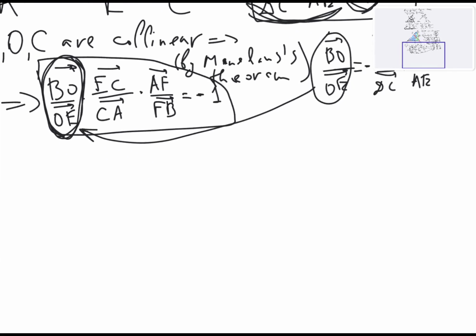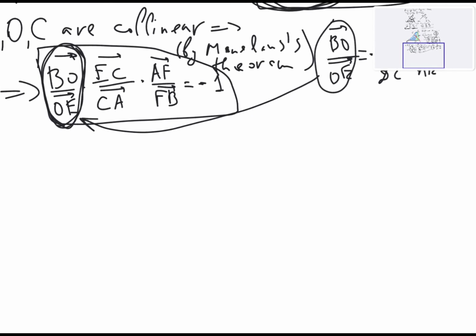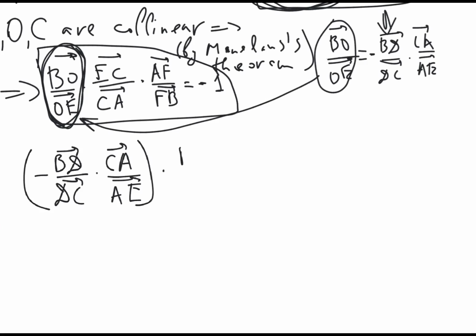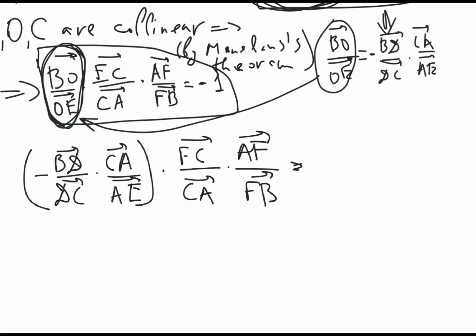So we get now that minus BD over DC, CA over AE multiplied by FC over CA multiplied by AF over FB is equal to -1, right?